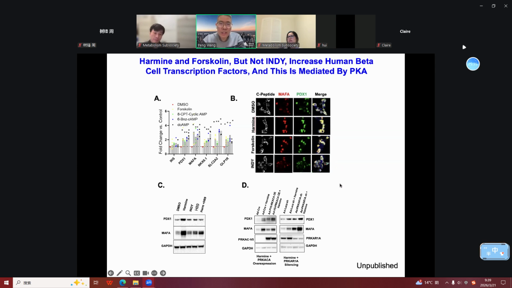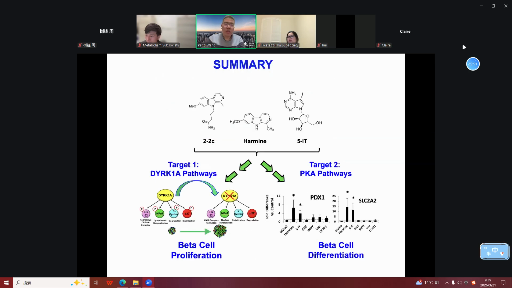So this suggests that harmine induces beta cell function genes by interacting with PRKAR1A, somehow increasing PKA activities and increasing beta cell function gene expression. So I just summarize briefly this pathway.